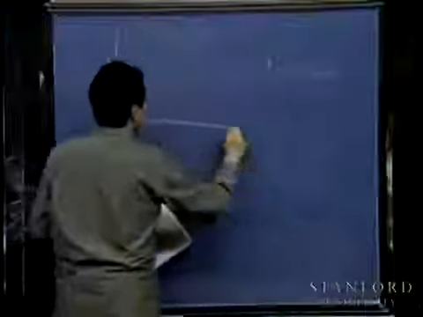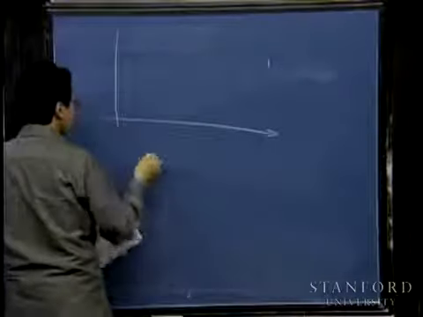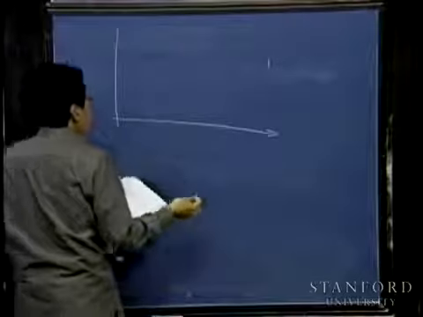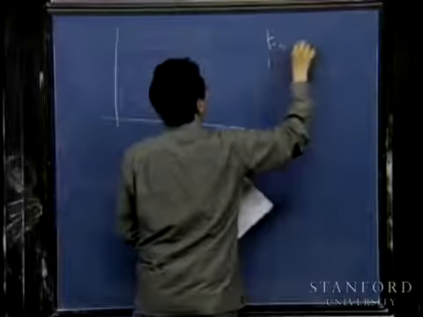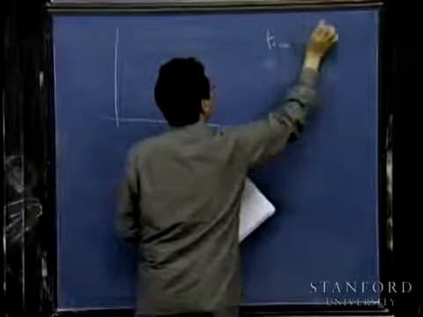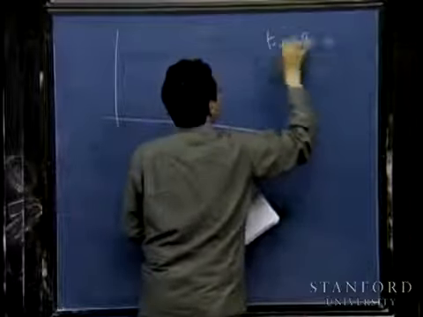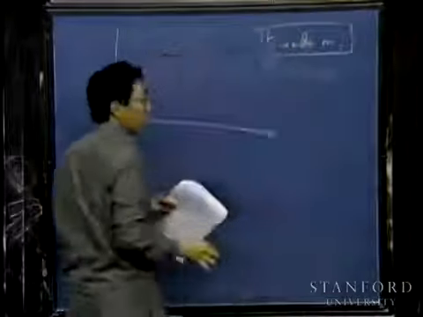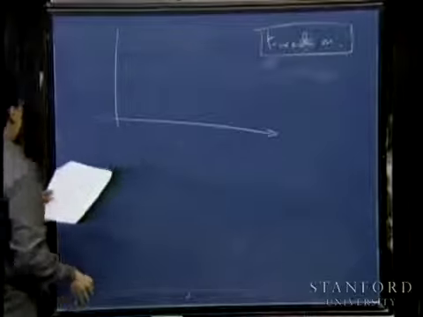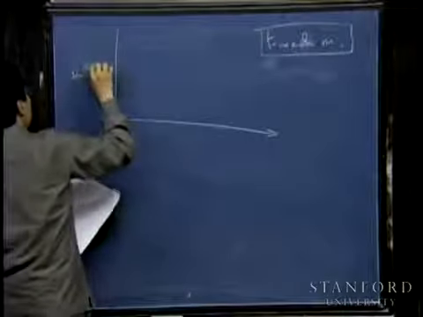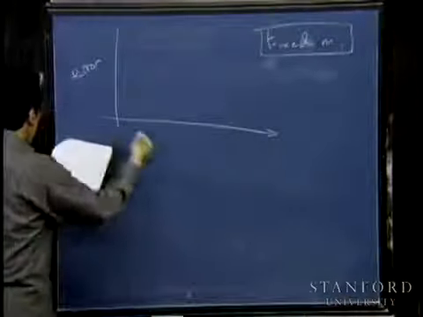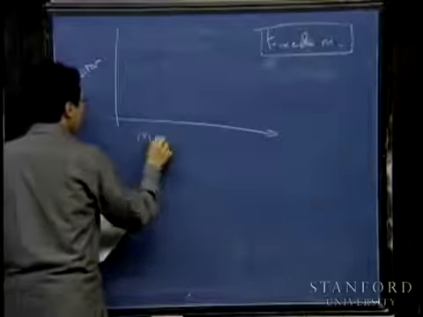So the cartoon associated with the intuition I just described will be as follows. Everything I'm about to plot will be for a fixed value of m, for a fixed training set size m. On the vertical axis I'll plot error, and on the horizontal axis I'll plot model complexity.